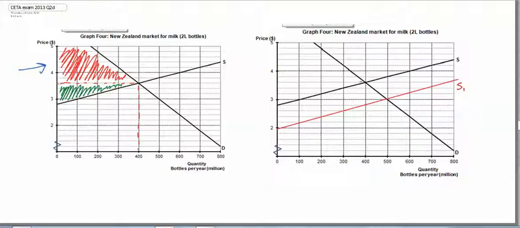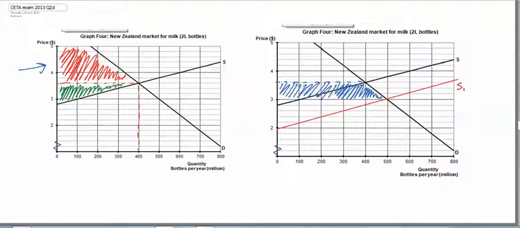So if that was the original point there, then the addition to consumer surplus is this area here, additional to the old consumer surplus down to where the new equilibrium is. So we need to be able to calculate that area.